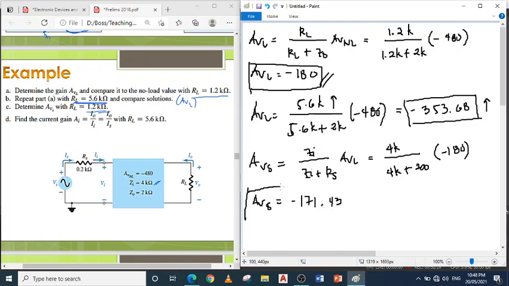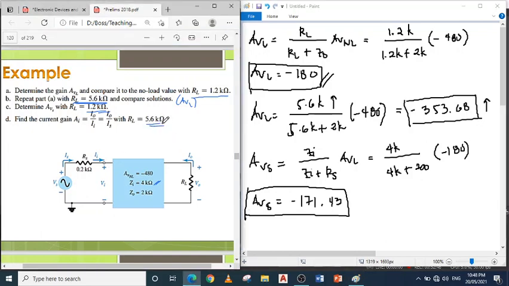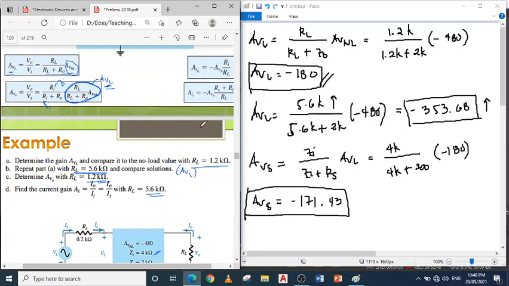Okay, so yan yung AVS natin. Okay? So find the current gain naman, AI, with RL equals 5.6. Okay? So ang kukunin naman natin ngayon is yung AI daw. So to solve for AI with RL equals 5.6.